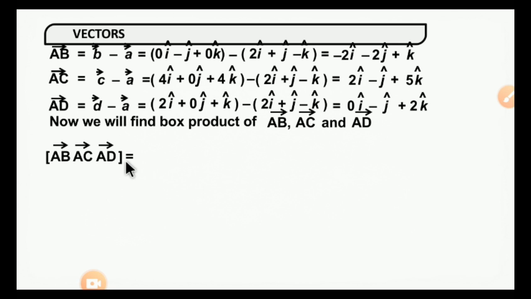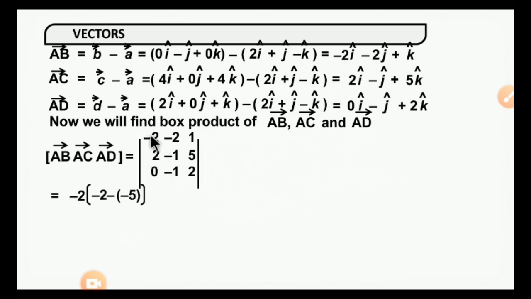AB, AC, AD box product, that will be equal to minus 2 minus 2 1 in the first row, in the second row 2 minus 1 5, and in the third row 0 minus 1 2. Now we have to prove that this is equal to 0.